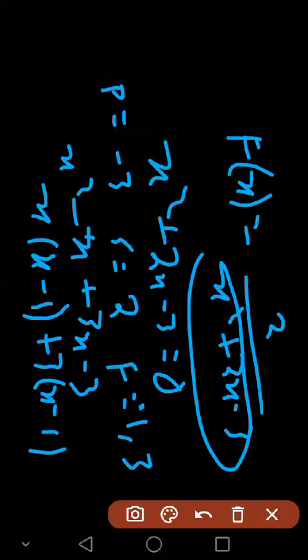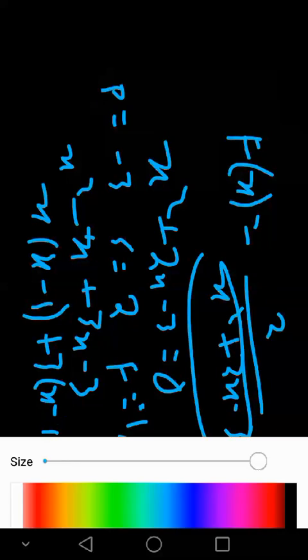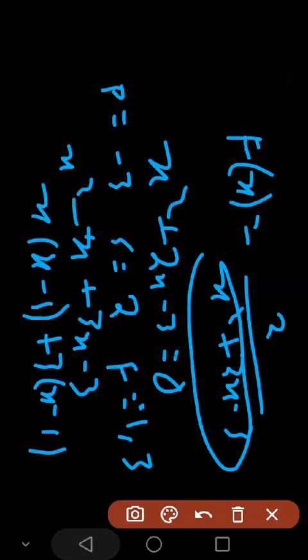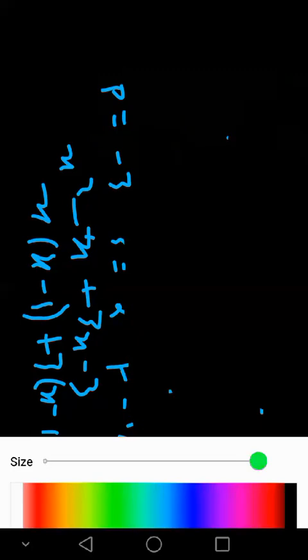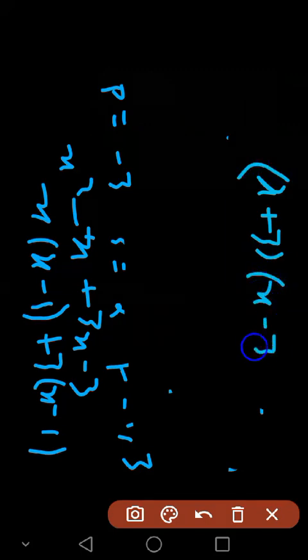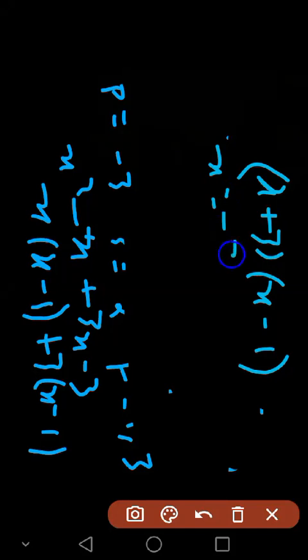Meaning you're going to have (x plus 3) times (x minus 1). So x will be equal to negative 3 and x will be equal to positive 1.